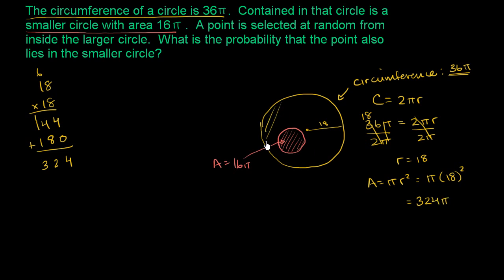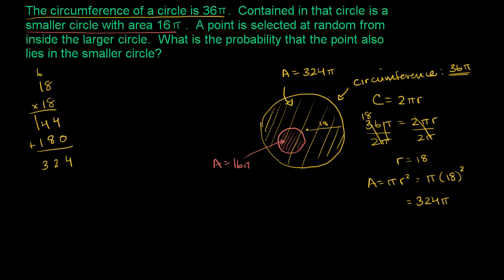So the area of the entire larger circle, the part that I've shaded in yellow, including what's under this orange circle, if you want to view it that way, this area right over here is equal to 324 pi. So the probability that a point that we select from this larger circle is also in the smaller circle is really just the percentage of the larger circle that is the smaller circle.